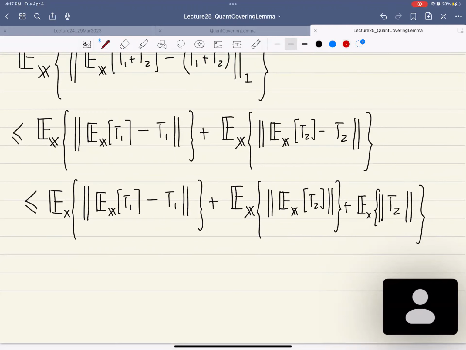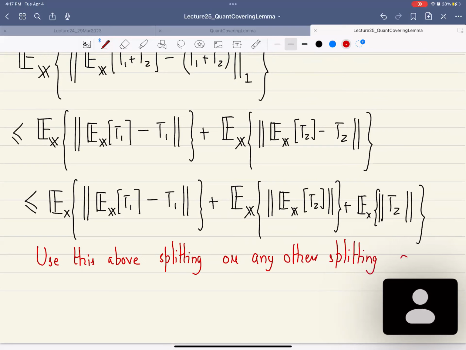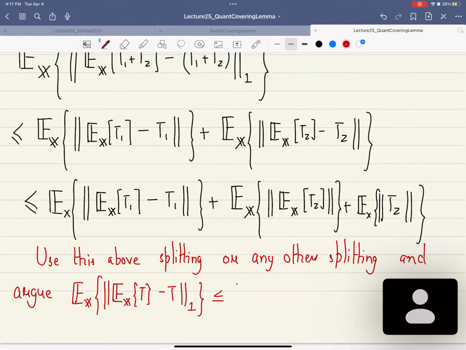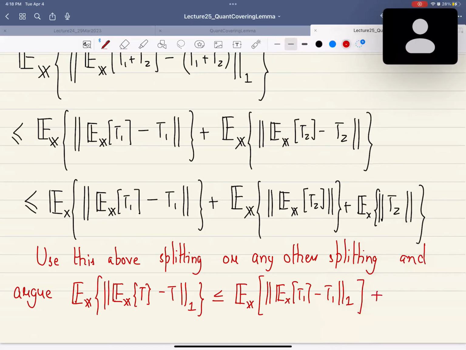So I'm going to write: use the above splitting or any other splitting and argue that the expected value of X minus T is less than or equal to the expected value of X of T1 minus T1 plus epsilon by 4.